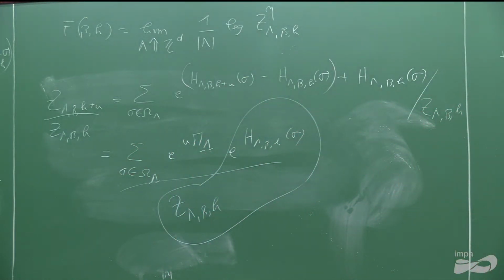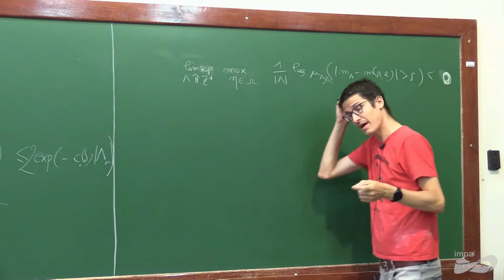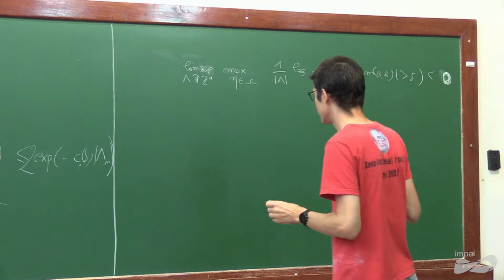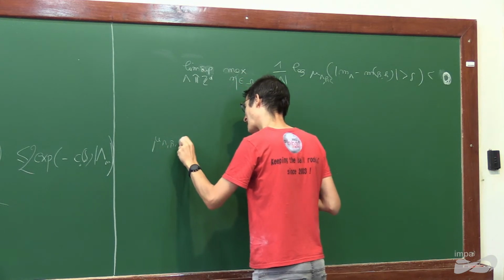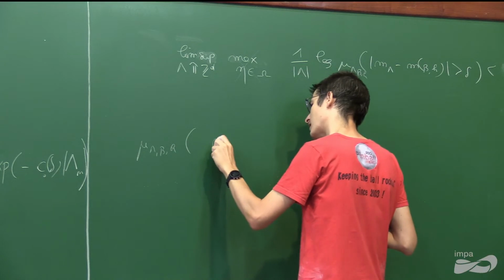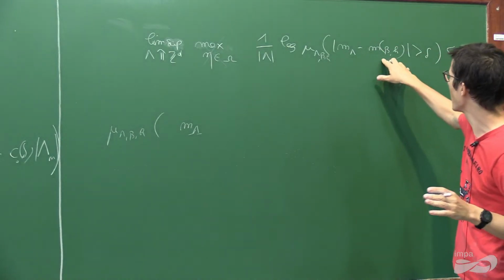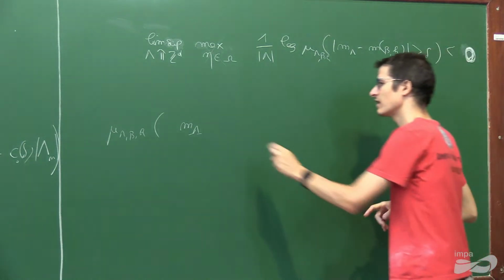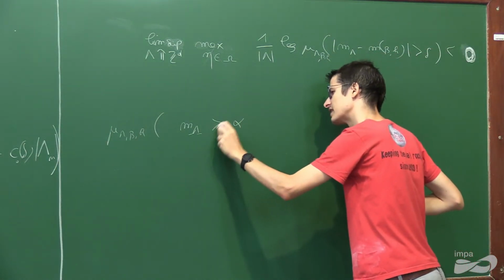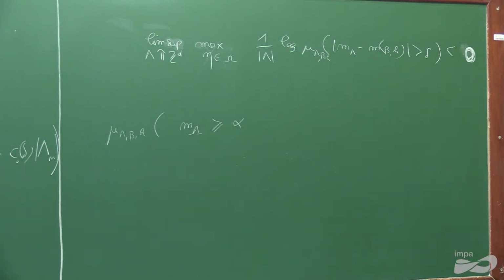We are going to use this as follows. We want a bound on the probability that m lambda over lambda is larger than m beta, h plus delta. For the moment, let's say I just want it to be larger than alpha, and then I will check for which alpha I can get some results.